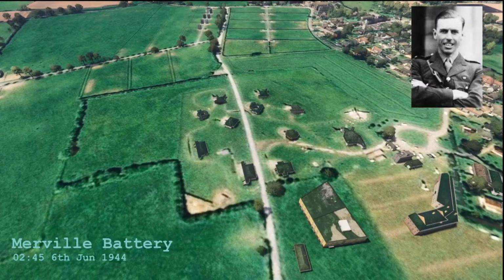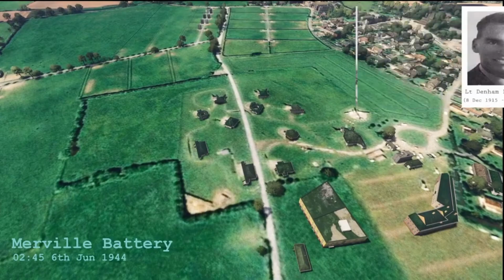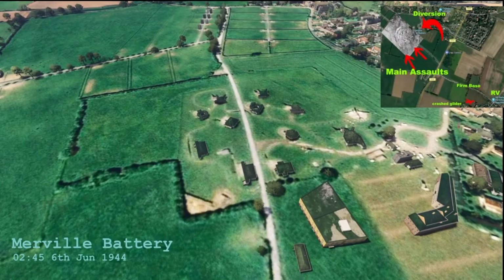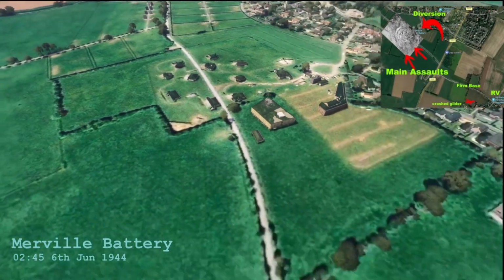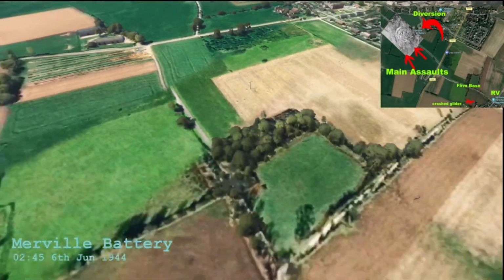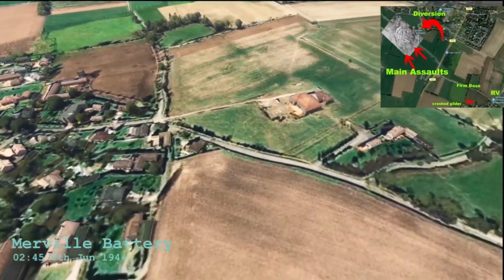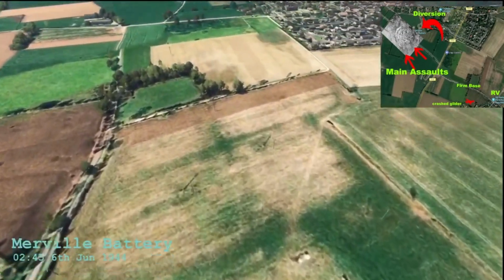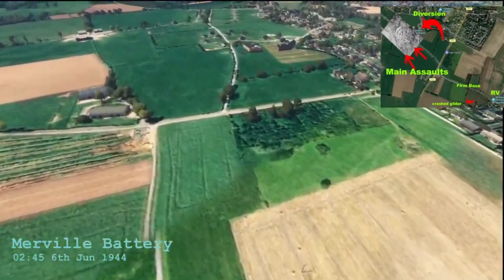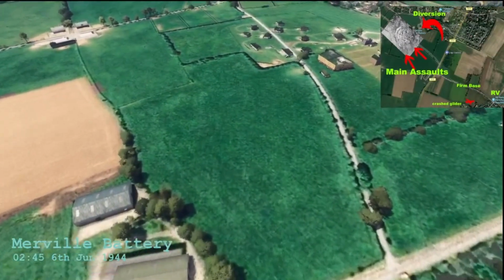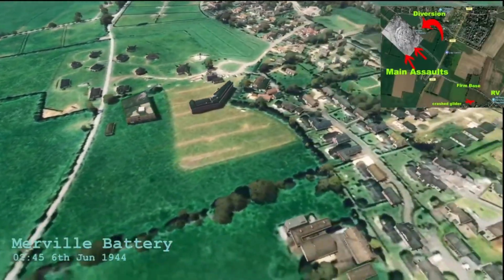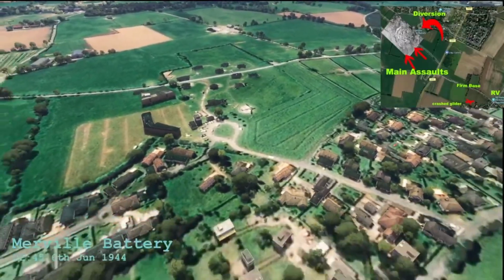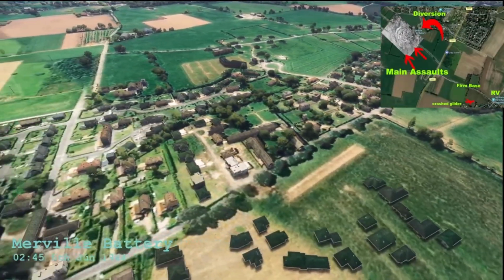I've got a little picture of the map, so you can see, if I were coming in from the bottom right on this little drawing, we've got the RV points and the firm base, and then we can see that the main assault will come up this side, and then there's a diversionary assault round this way into the battery from the north east.